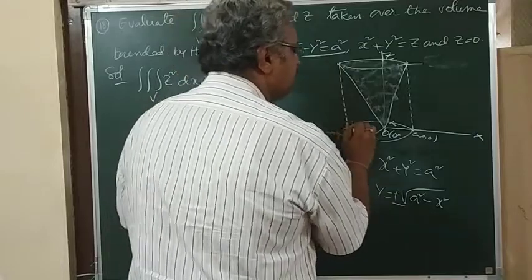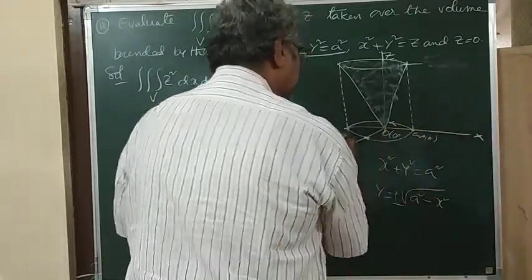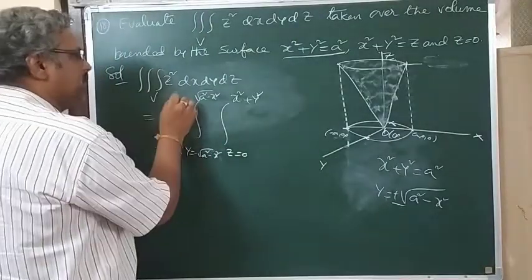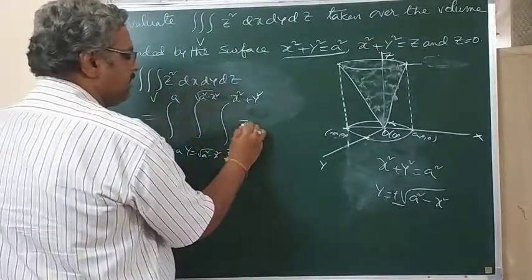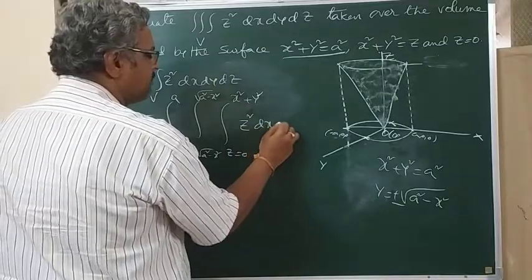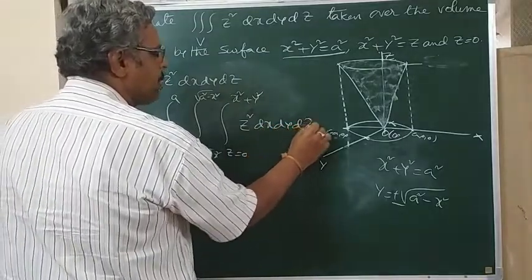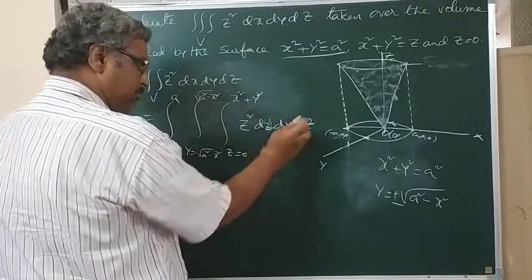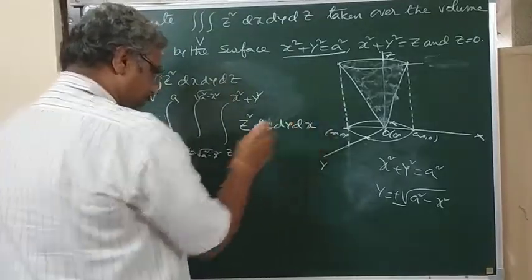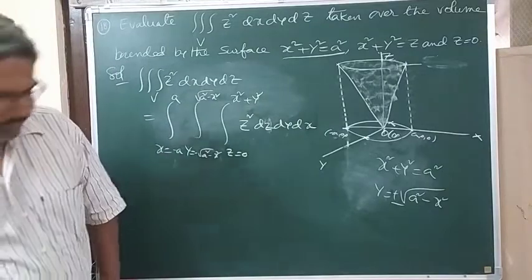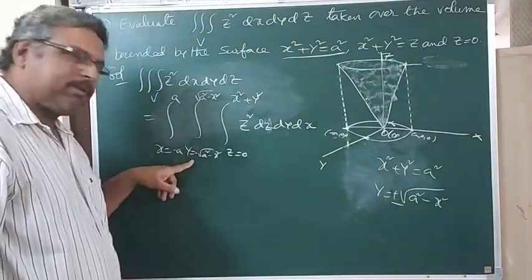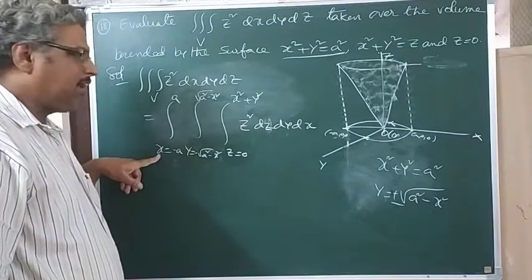Along the x-axis, the x limit is minus a to plus a, z square, dx, dy, dz. So first integrate with respect to z, then y, then x.